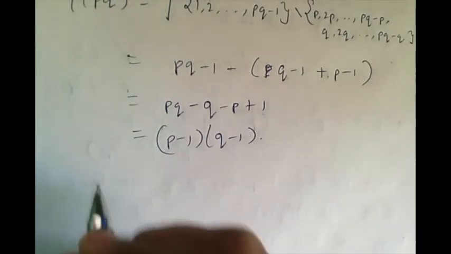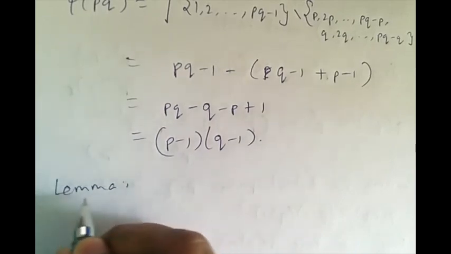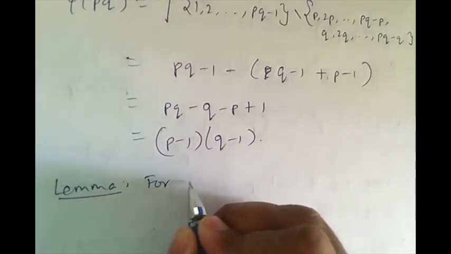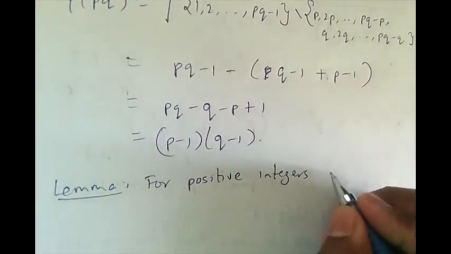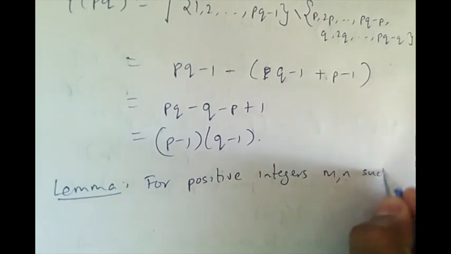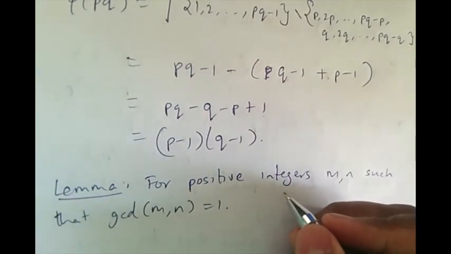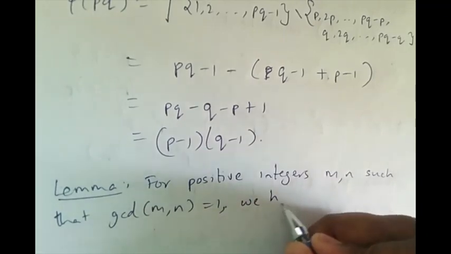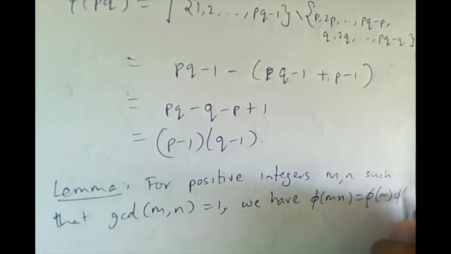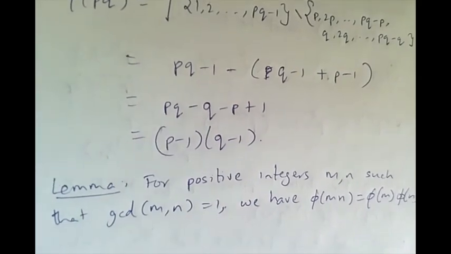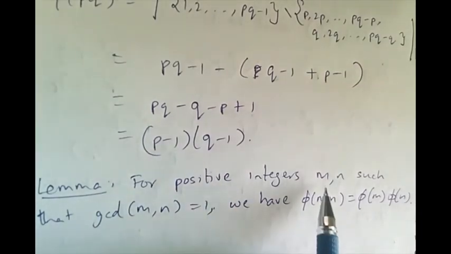So it turns out that for any positive integers M and N which are relatively prime, that is, GCD of M and N is 1, we have phi of MN is phi of M times phi of N. Okay, so this earlier result is a special case of this, because we said distinct primes.